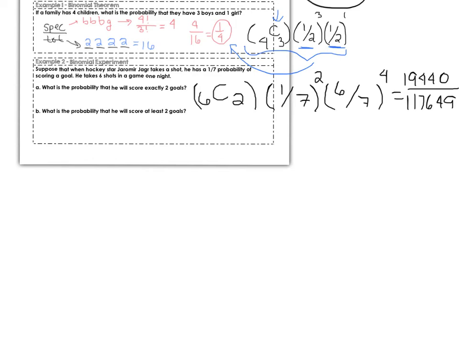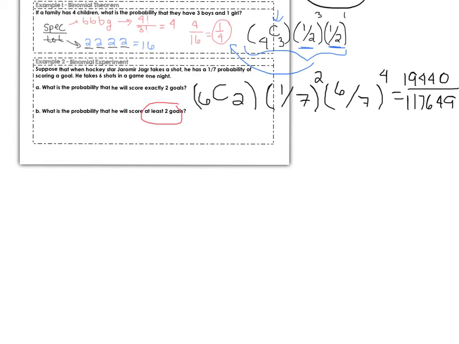All right, so this last example, we're dealing with scoring at least 2 goals. Now, it's important to recognize that at least 2 goals means that I can score 2 goals, or 3 goals, or 4 goals, or 5 goals, or 6 goals. That's all the probabilities I would need to find. Rather than doing that, I'm actually going to use the complement, okay?